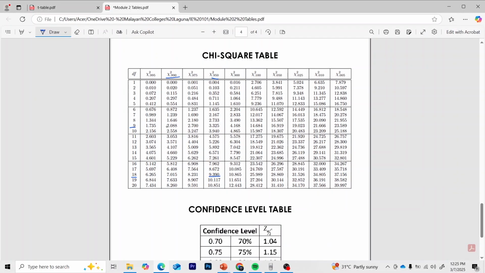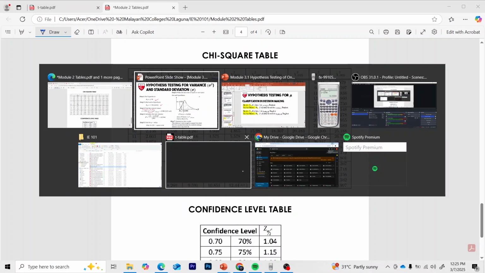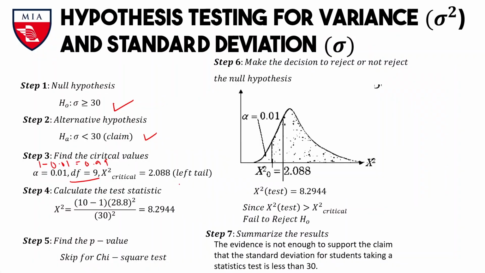So the value is 2.088. And we are in a left-tailed test, therefore the value is negative. Okay, but in terms of standard deviation, it's not like the mean, where we depend on sides. So in this case, we have positive. So we have 2.088 for the left tail.